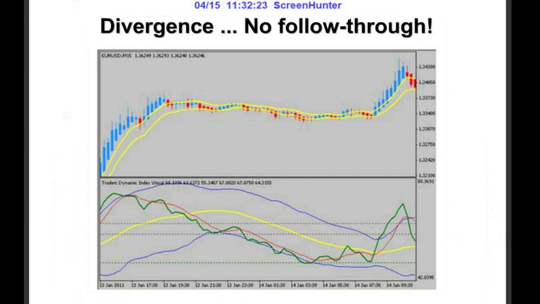Let me repeat. The yellow line on a 15-minute represents the green line on a 4-hour chart. So virtually, you don't have to hop, skip, and jump around from chart to chart to chart. You can see the green line's movement on the 15-minute, on the 1 hour, and on the 4 hour right there on your 15-minute chart.